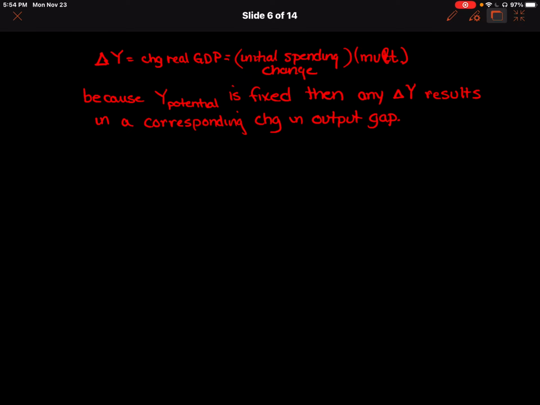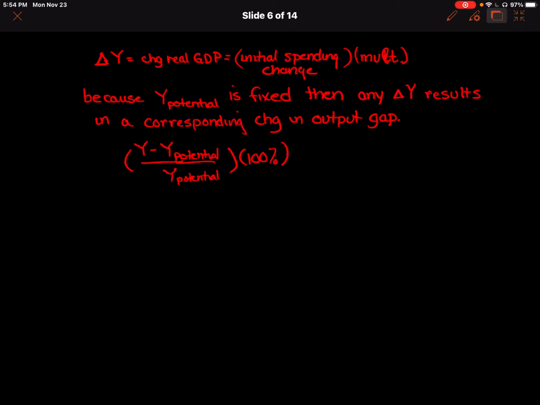Right, so for instance, again, the output gap is going to be the actual level of gross domestic product minus potential, divided by potential, times 100.